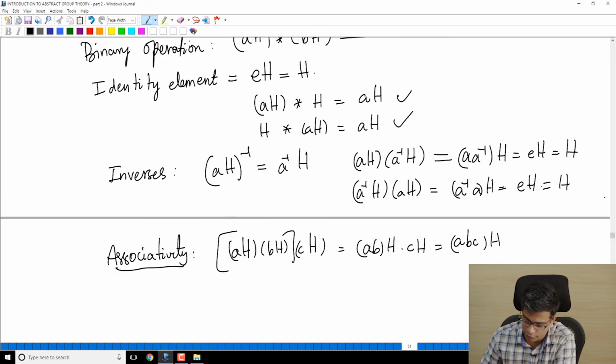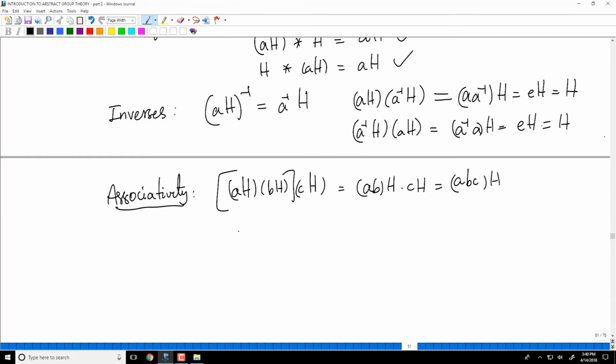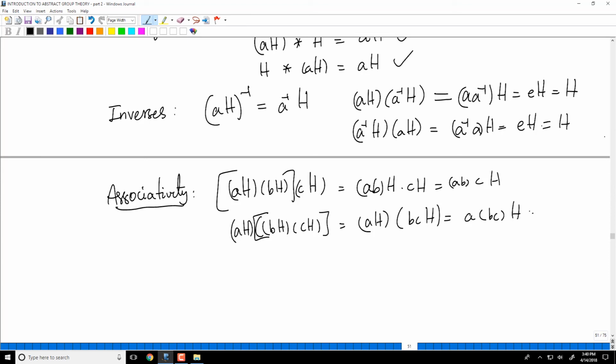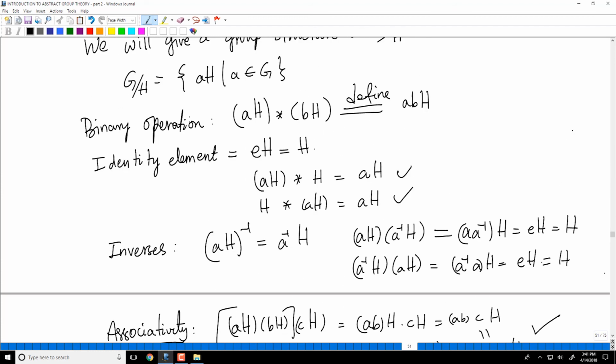If there is no star, I am just multiplying using this definition. So abcH. On the other hand, what is aH times bH times cH? This is aH times bcH, which is, so really what I should write here is ab times c. Here I have abc times H. But these are equal because ab times c is a times bc. So associativity is also clear.